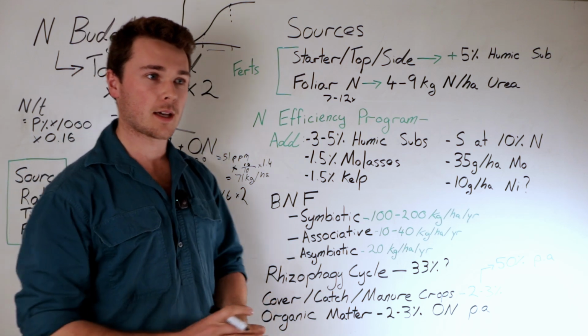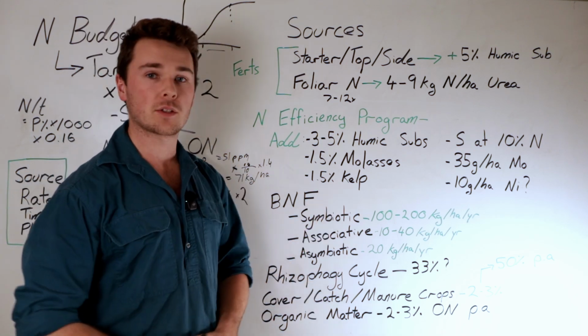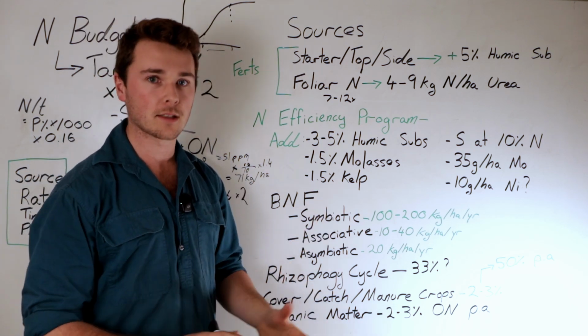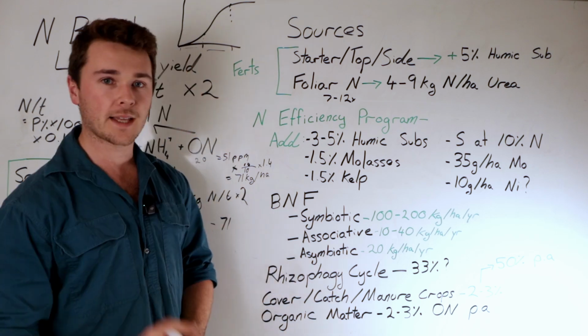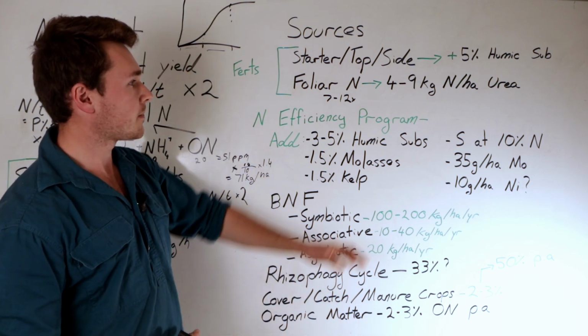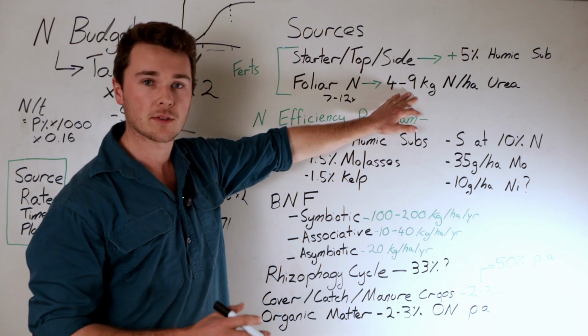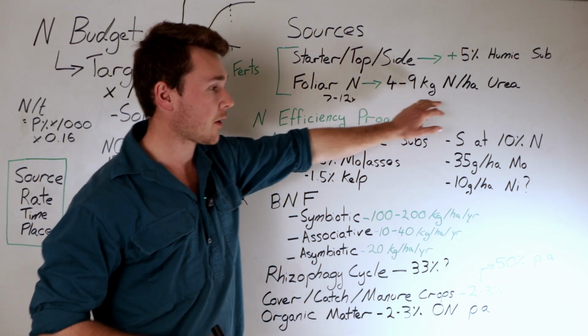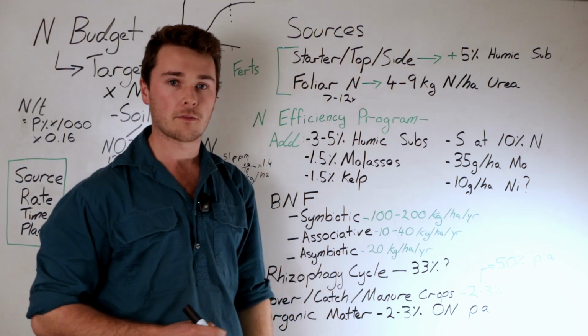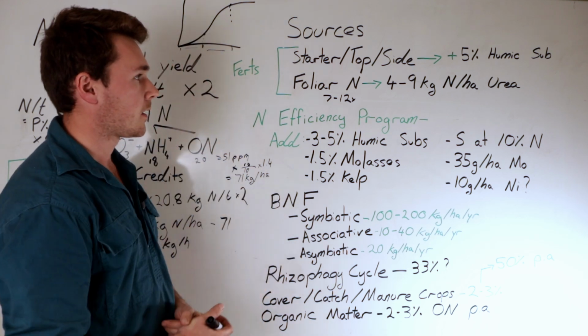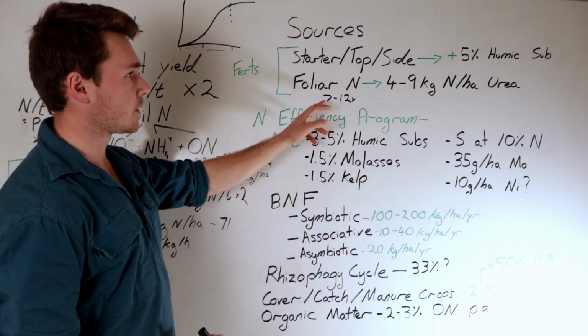And there's also a lot of factors that play into getting that efficiency, but overall, when you do it correctly, it's really, really efficient. The typical application rate is about 4 to 9 kilos a hectare of nitrogen in a urea form. So that's not high rates, but again, it's really efficient.